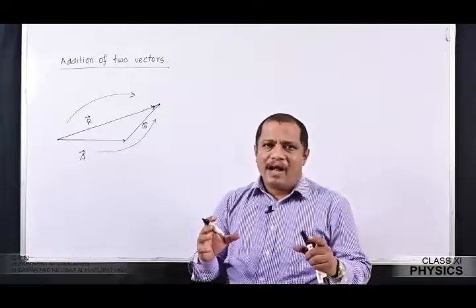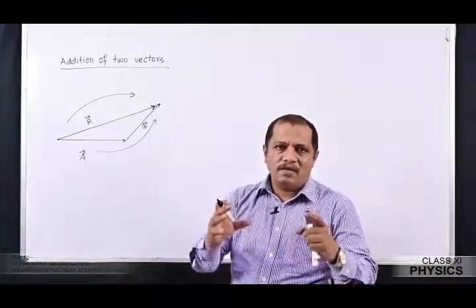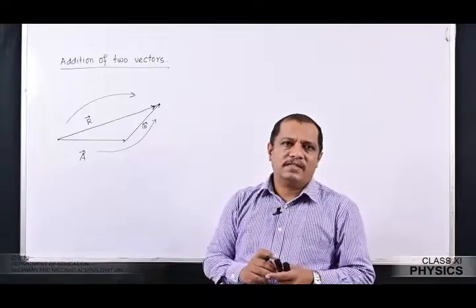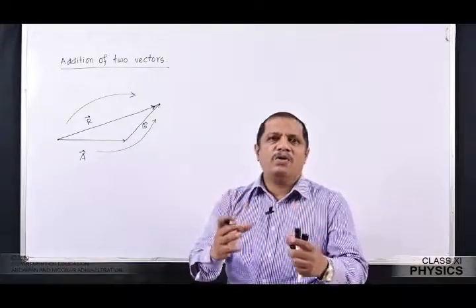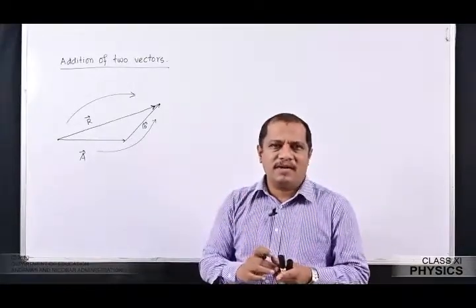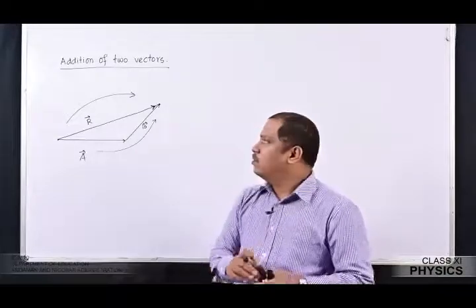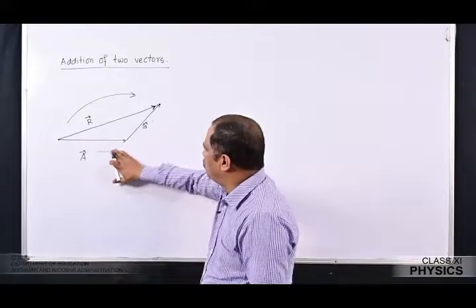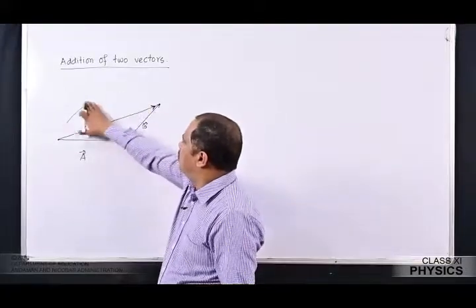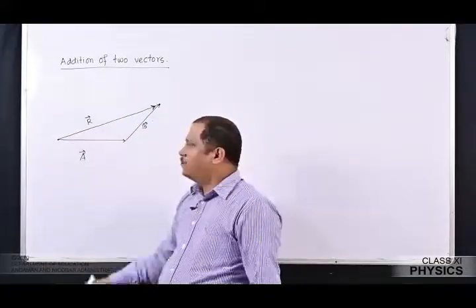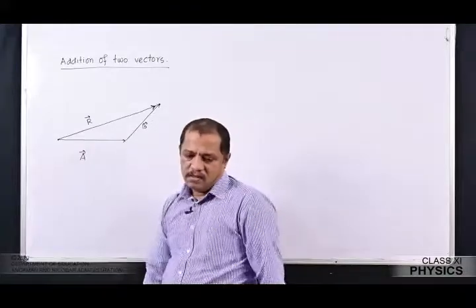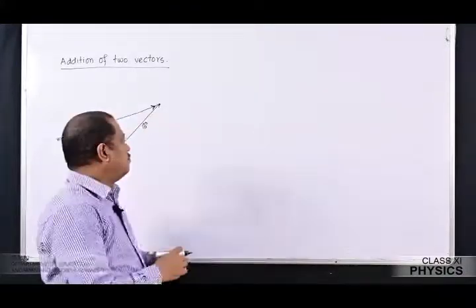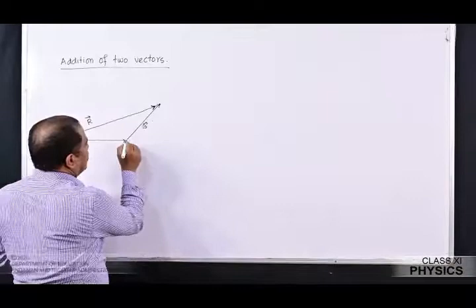But if I want to add the two vectors analytically, I want a formula such that I would be able to calculate the magnitude of the resultant vector as well as the direction of the resultant vector. So let us work out the analytical method. Let me suppose that vectors A and B have the angle theta between them.